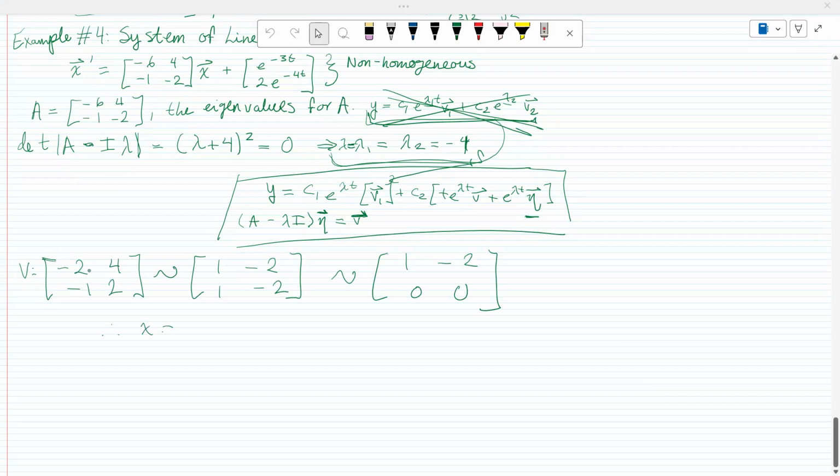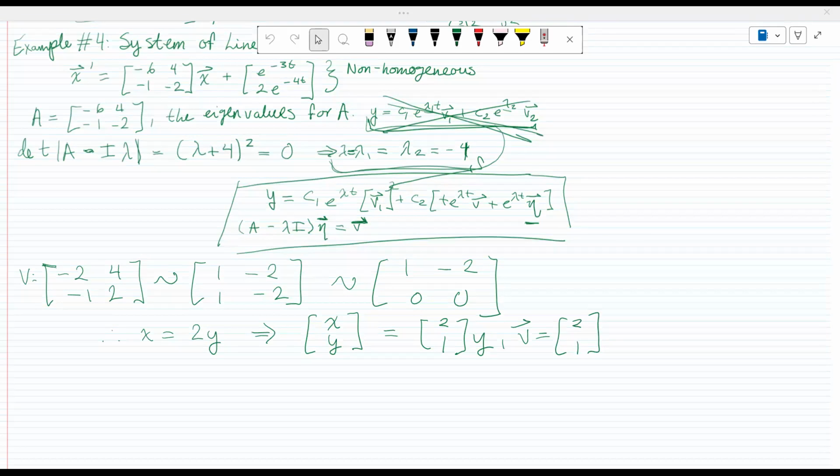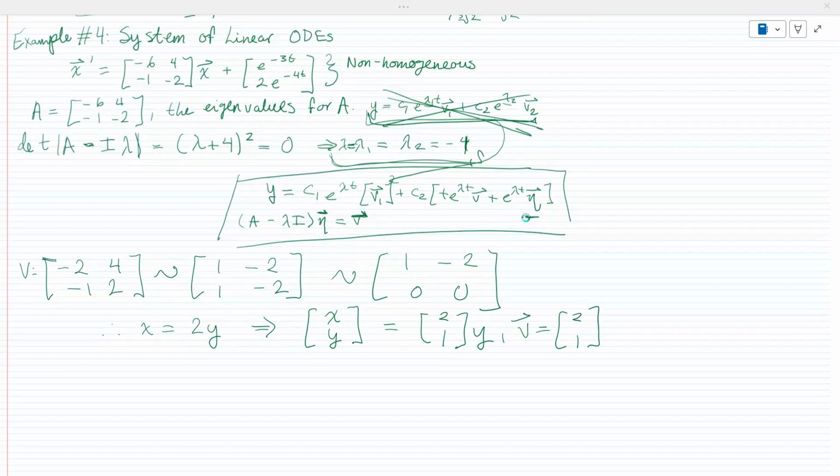Therefore, x is equal to 2y, implying (x, y) is equal to (2, 1) y. And so our eigenvector is equal to (2, 1). Okay. Now for our second vector that we're going to include in this solution, we have to solve A minus lambda I times this vector is equal to our eigenvector.